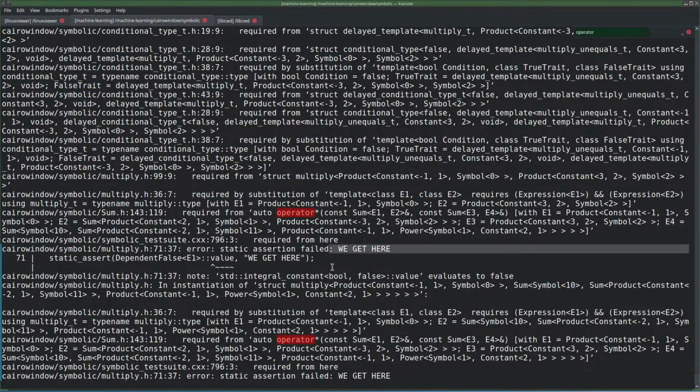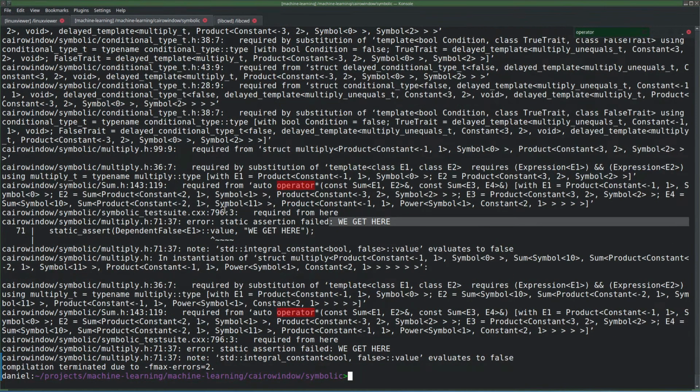Oh, you get here. Yeah, that's the second error. That's the first error, and this one is quite from here, well, same line, but same operator.